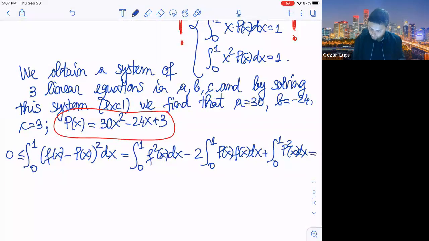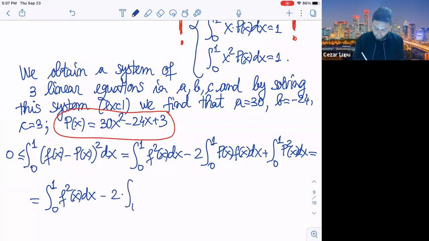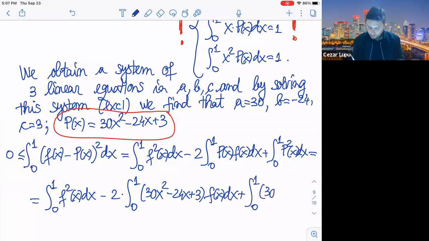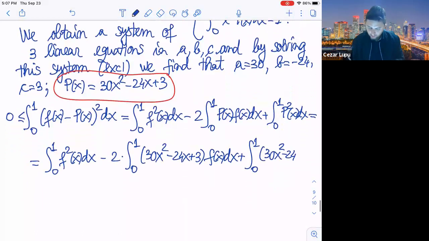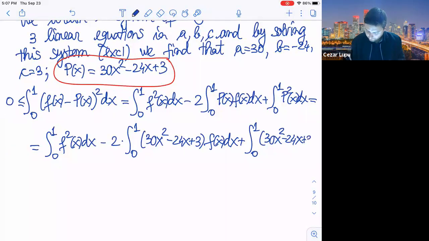All right, so let's do the computations here. This would be equal to the integral of f squared of x dx minus 2 times the integral of 30x squared minus 24x plus 3 times f of x dx plus this integral of 30x squared minus 24x plus 3 squared dx.